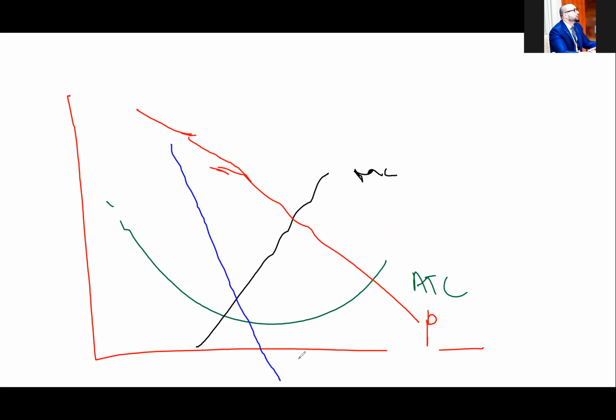So this is called MR. Where does the company need to produce? Where MC is equal to MR. So where is that condition? Can you recognize the colors here? The price line is red, ATC, average total cost, is green, MC is black, MR is blue.